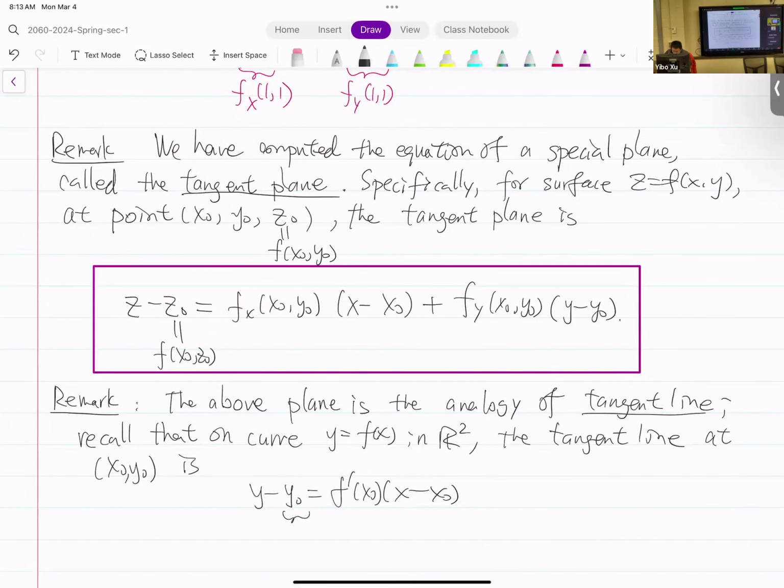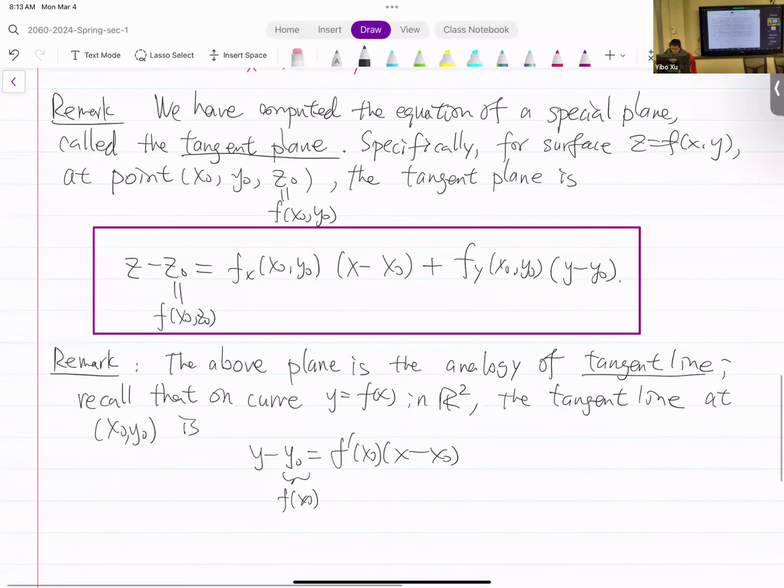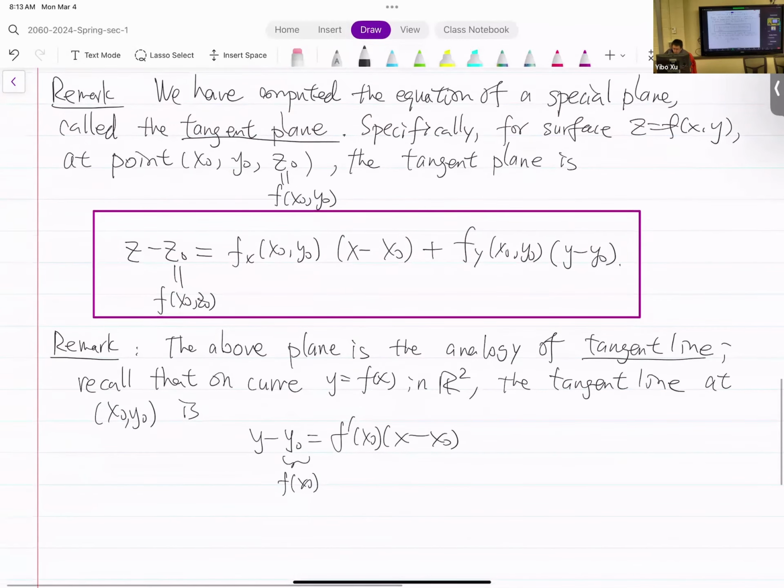And you see how they are similar, right? This y0 is exactly the output at the point. So you can see in the univariate case, there's only one derivative. But here in the multivariate case, you have two partial derivatives and you put the things together.